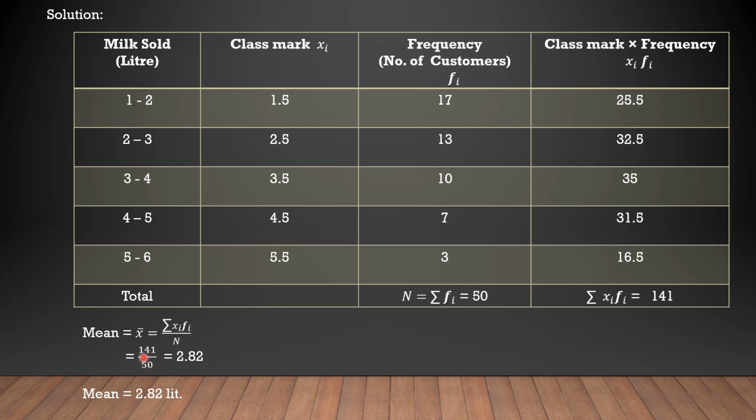So 141 by 50 is equal to 2.82. So the mean is 2.82. The answer is 2.82 liters. So here we found the mean using the direct method.